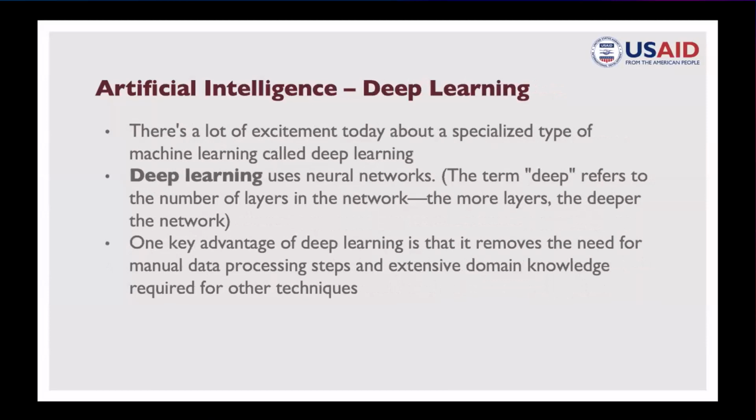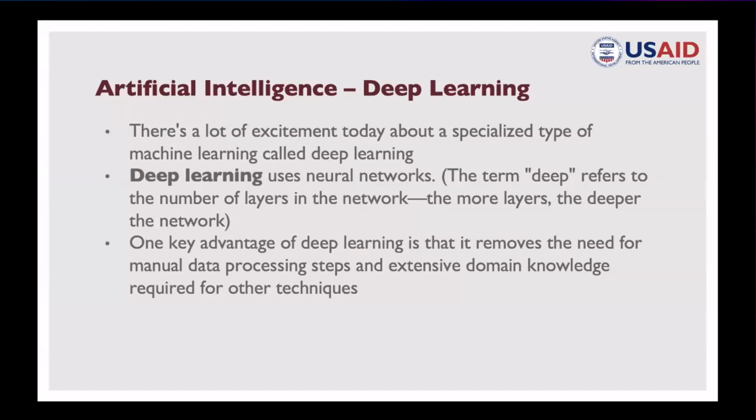Now, a more specific branch of it we call deep learning. As I've mentioned, neural networks fall under this category. So that "deep" actually refers to the layers in the network. Okay?